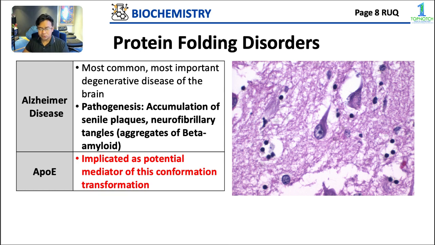And take note guys, ito baka sa patho, or baka sa IM, or baka even in biochem, take note that ApoE is implicated as a potential mediator for this conformational transformation. Kasi dito guys, having a beta amyloid structure, nagiging siyang resistant to proteases and different chemicals, making it more resistant and making it be stored in the brain, causing degeneration for your Alzheimer's disease.